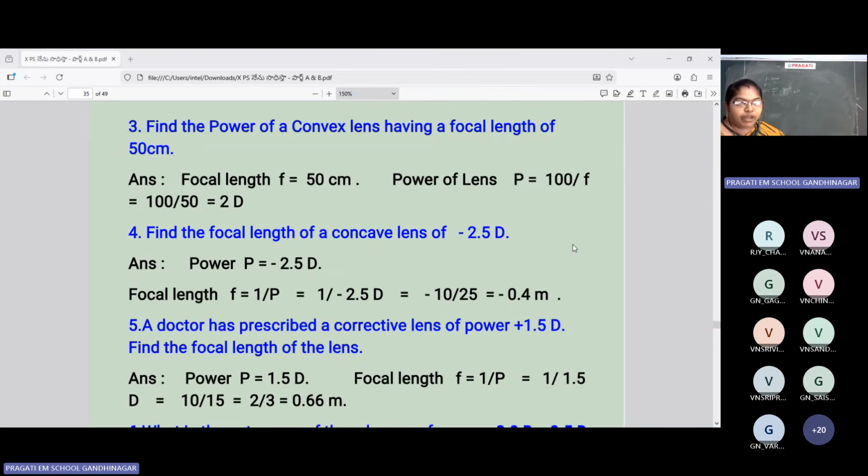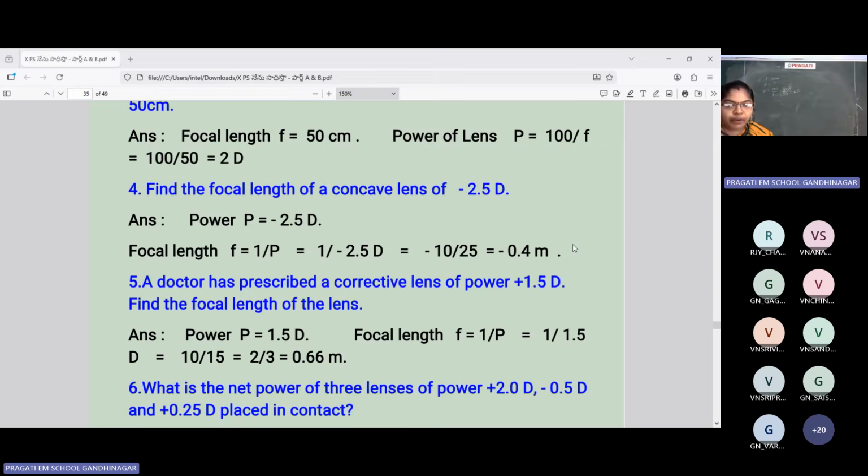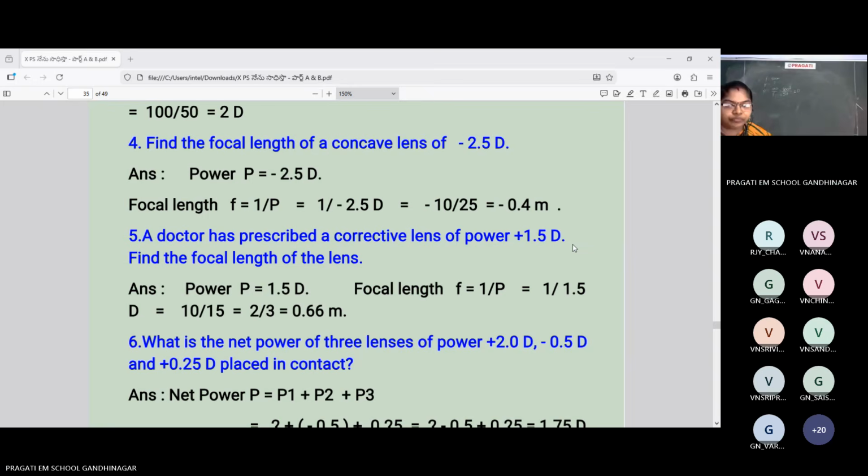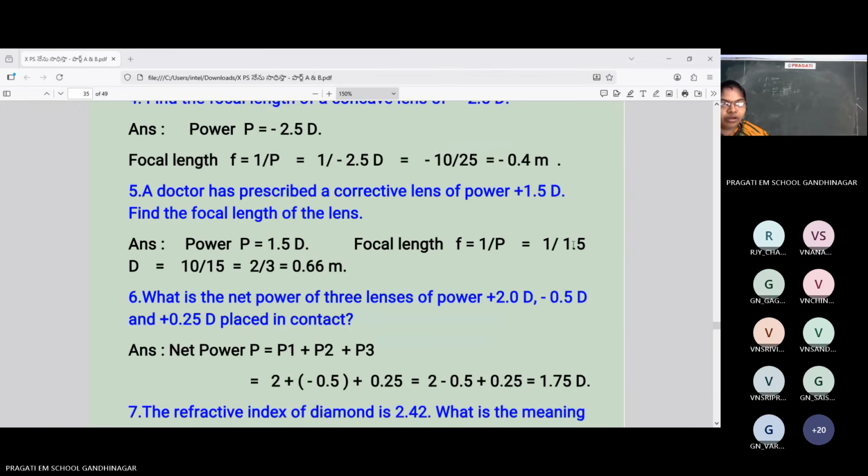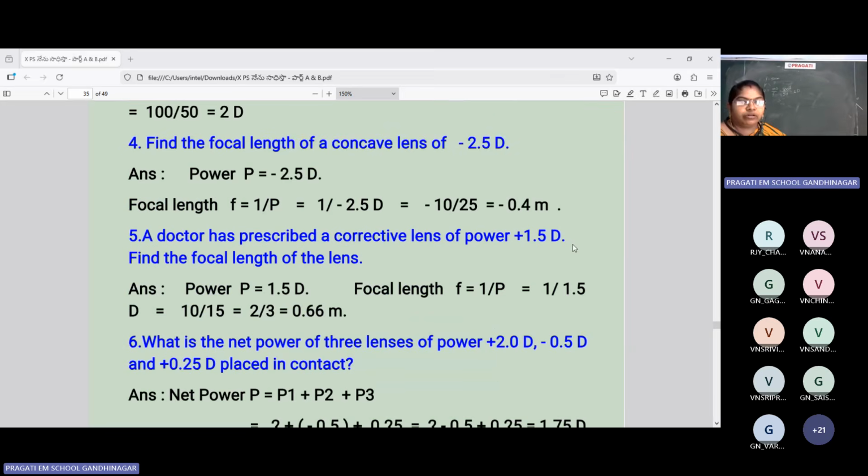Minus means it is myopia and power is negative. For calculating focal length, F is equal to 1 by P is taken. We'll get the answer in meters. P is equal to 1 by F in meters or 100 by F in centimeters.